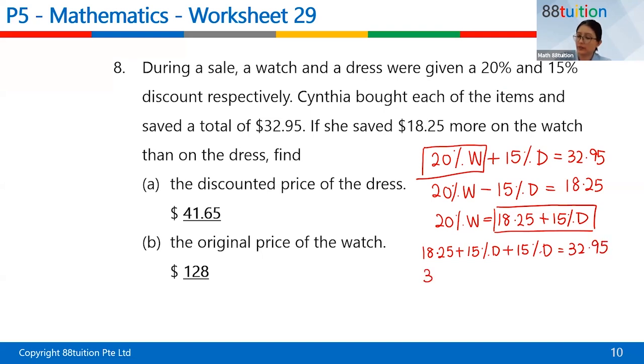Okay, so 15% plus 15% is 30%. And then this value minus this. Okay, make sense to you?